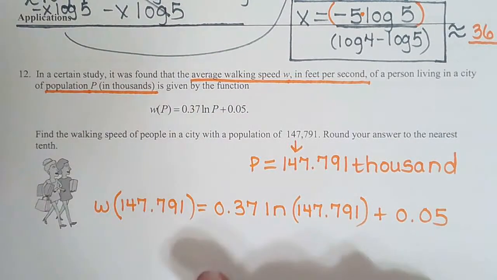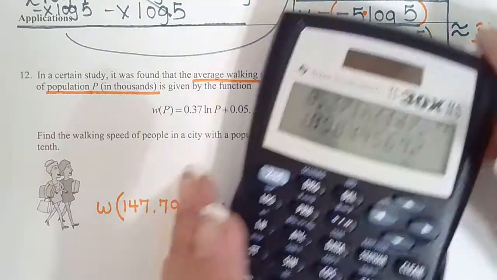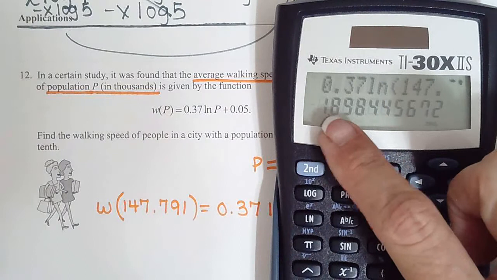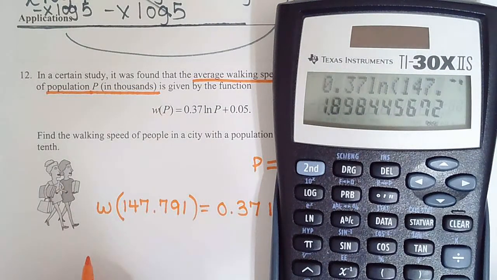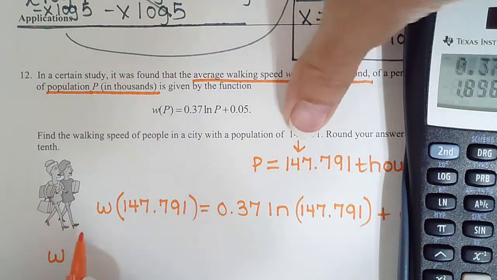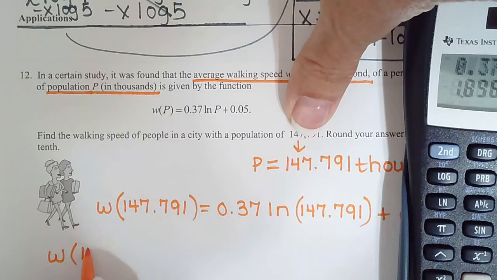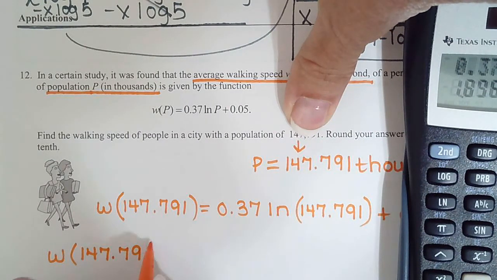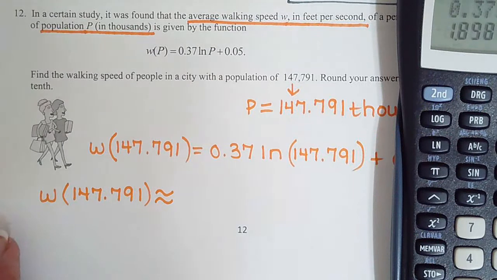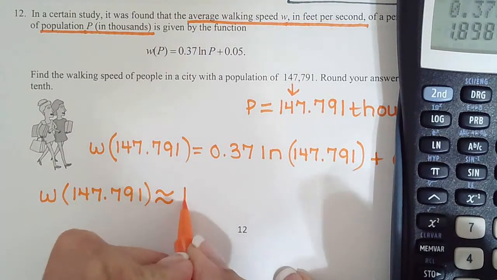So it says round your answer to the nearest tenth. So 1.8 followed by 9 turns into 1.9. So the walking speed of people in a city with a population of 147,791, but we still have to write it like this, is approximately, slide the paper up so you guys aren't down so low, 1.9.